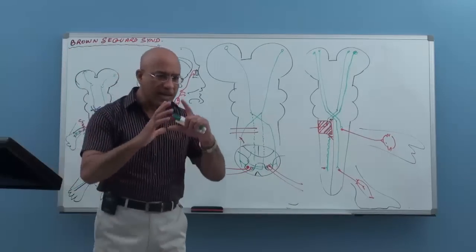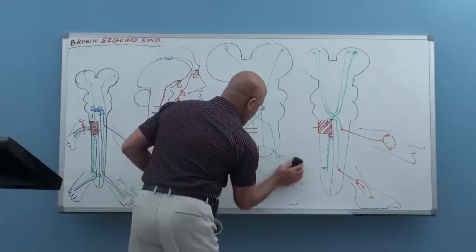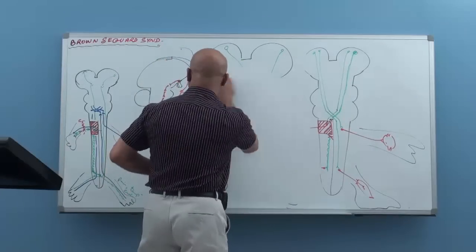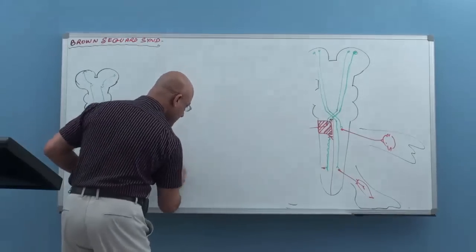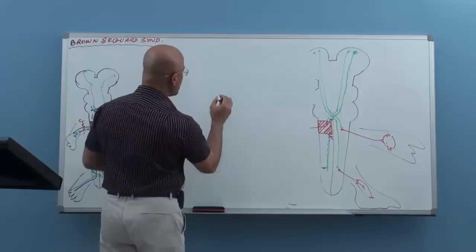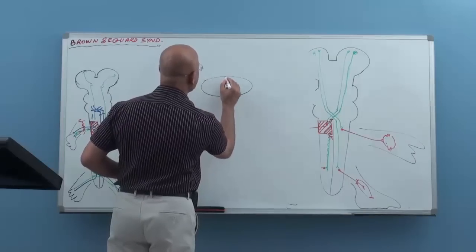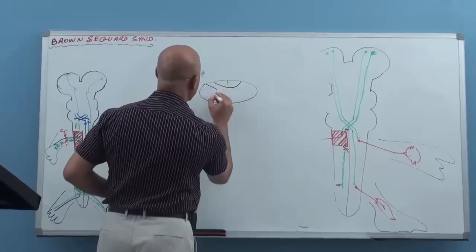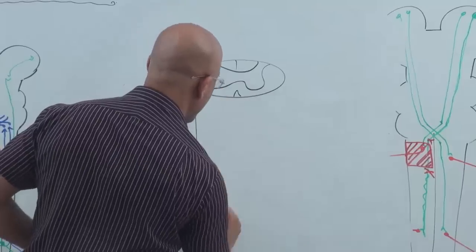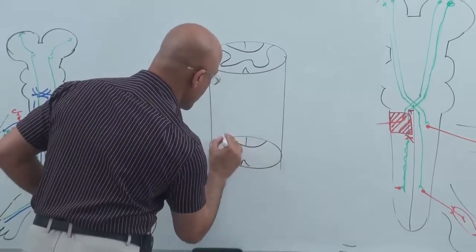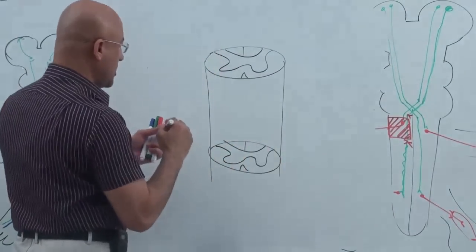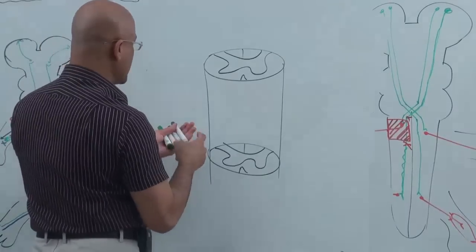Now we come to again recap. We'll put two spinal cord levels and see what happens with the hemisection. Let's suppose the hemisection is here.